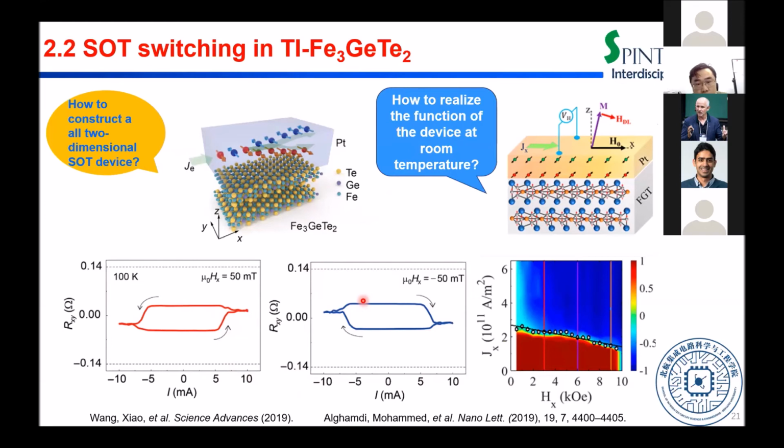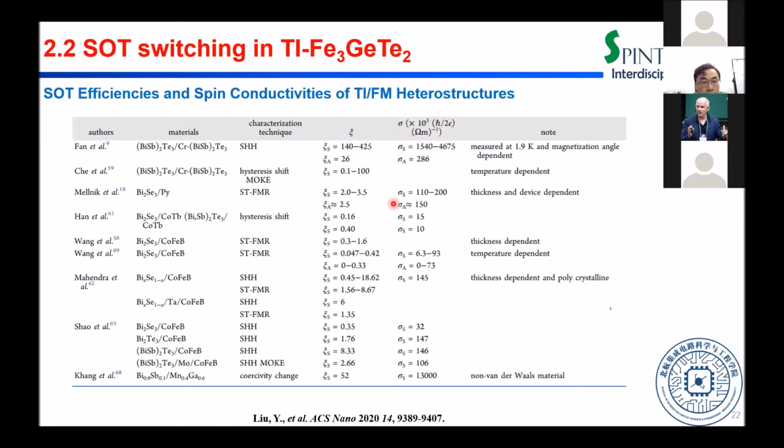However, how to realize room temperature SOT switching, and how to get all-2D SOT devices without this kind of 3D material, is still a very good concern for the future.